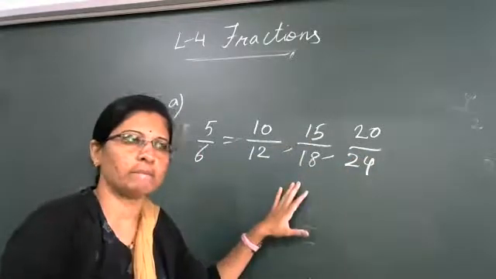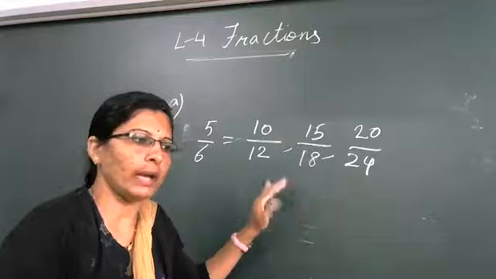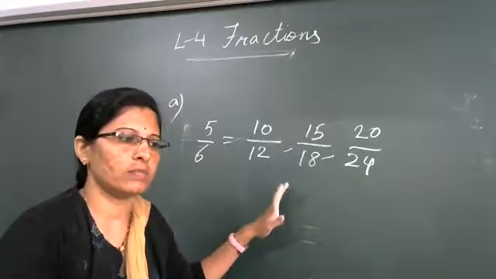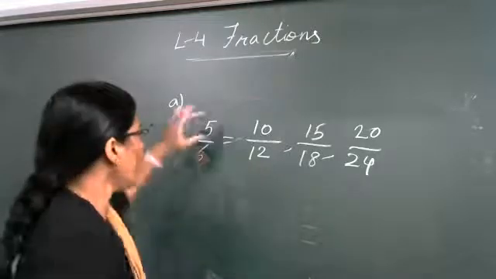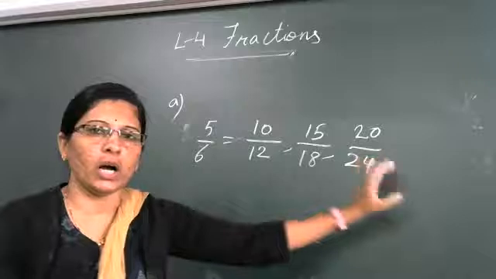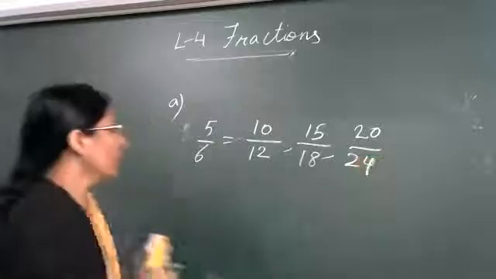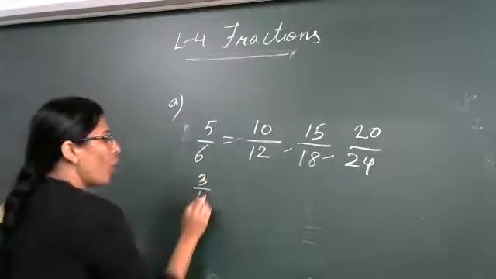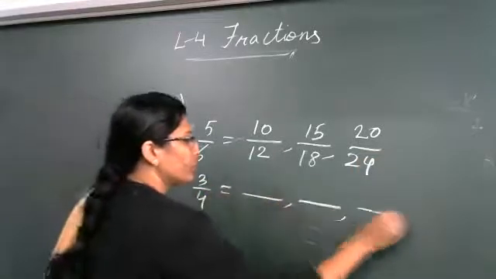Got it? How to find? Understood here? Okay, you only have to write the table of that number up and down. Now tell me 3 by 4.